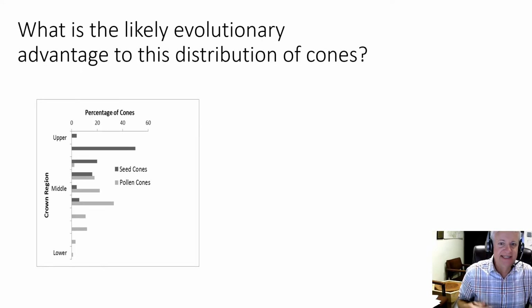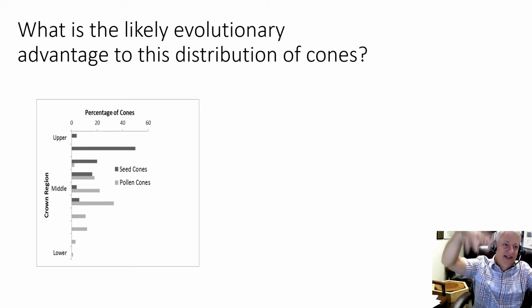And it's interesting to think, okay, why did that evolve? What is the likely evolutionary advantage of the distribution of male and female cones, or staminate and ovulate strobili? That is likely an adaptation that reduces inbreeding in forest trees, which are typically outcrossing species where inbreeding depression occurs.